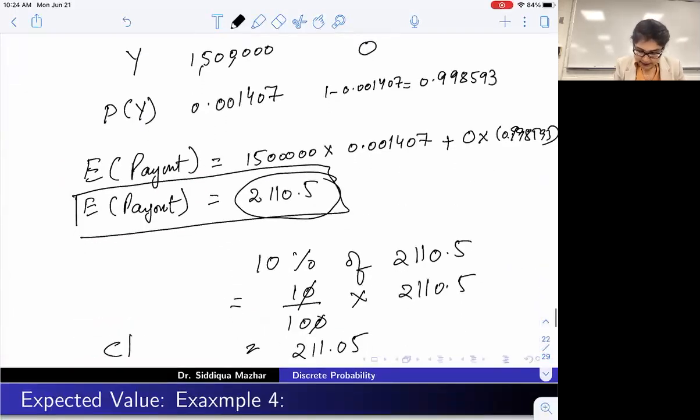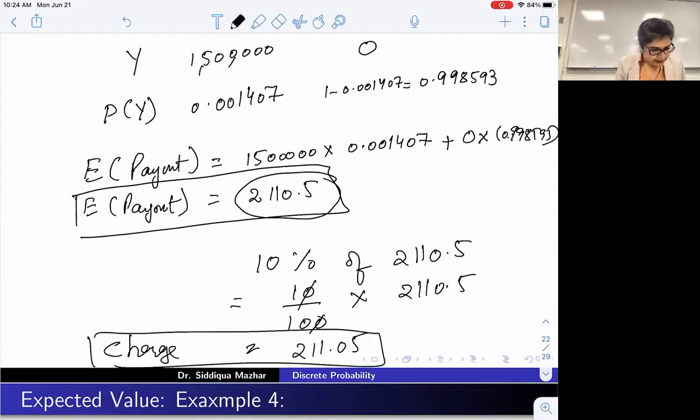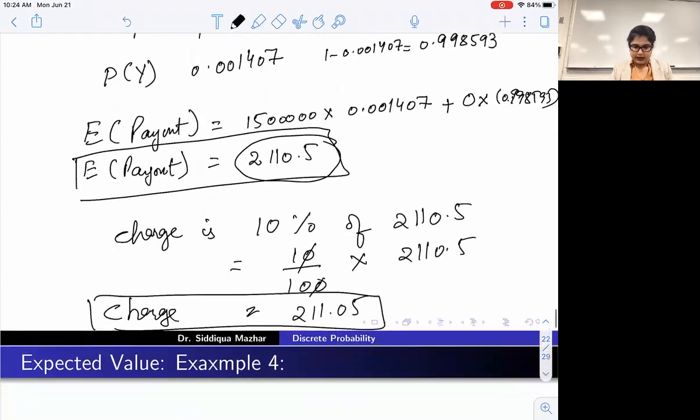So a person is being charged 10% this way. So the charge is 10% of $2,110.5. So the charge will be $211 and 5 cents he has to pay for buying this insurance. This is what it is.